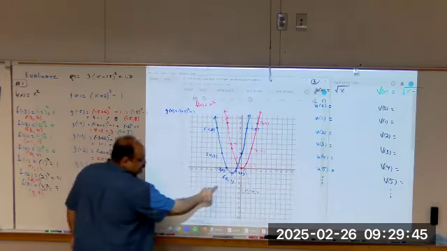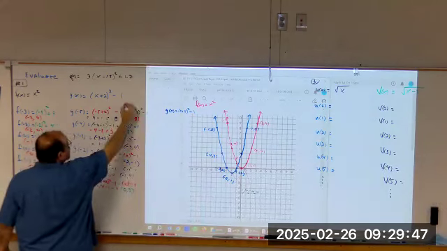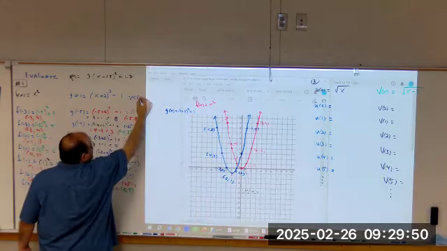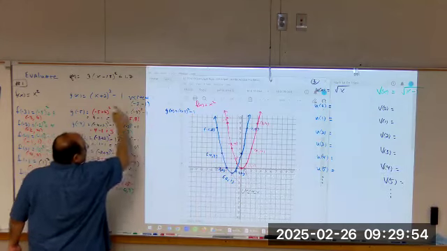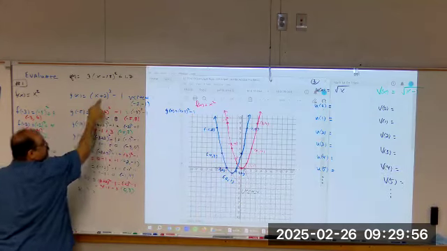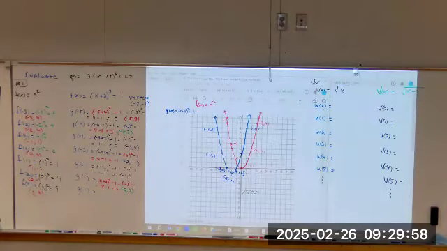Right here, the vertex was at (-2, 1). For this graph, it was at (-2, -1). I see +2, but the vertex was -2. So you've got to remember you're going to change the sign on that h.